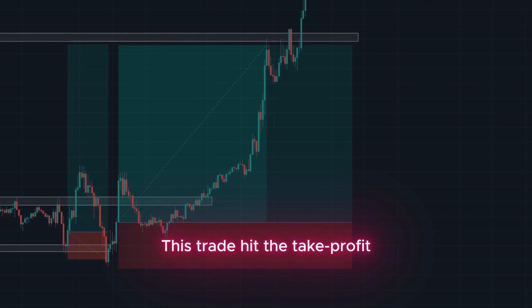This trade hit the take profit. The trend rose and broke through the key level of the 1-hour time frame.